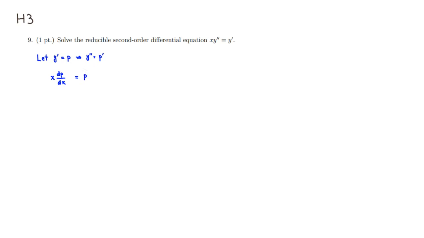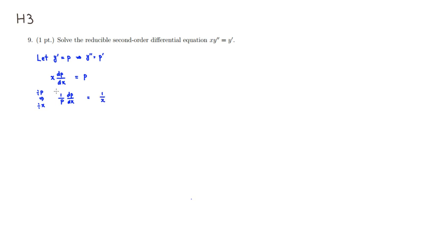So this is a separable equation. I'm going to divide through by p and also divide through by x. That way we get 1 over p dp over dx is equal to 1 over x.